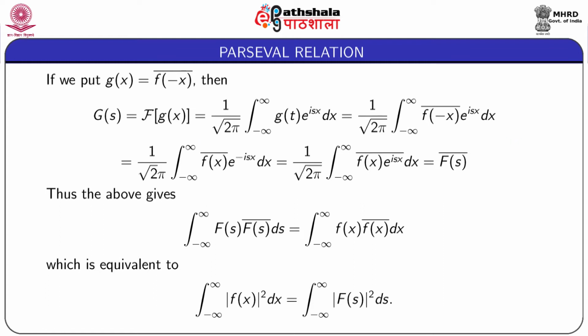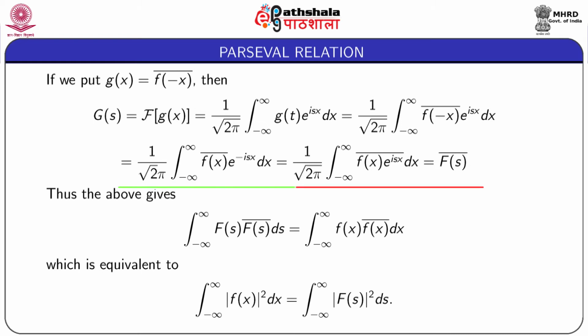Now, by putting minus x equal to x, this becomes 1 by root 2 pi integral minus infinity to plus infinity f bar x e to the power minus isx dx. So, e to the power minus isx is the complex conjugate of e to the power isx.